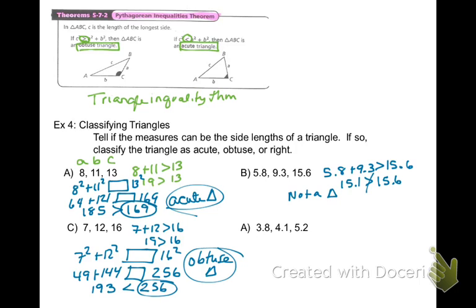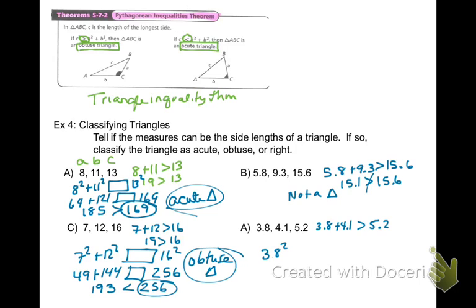So let's try this one. 3.8 plus 4.1 is greater than 5.2. I did the math in my head and I know it's a true statement, so yes, it is a triangle.